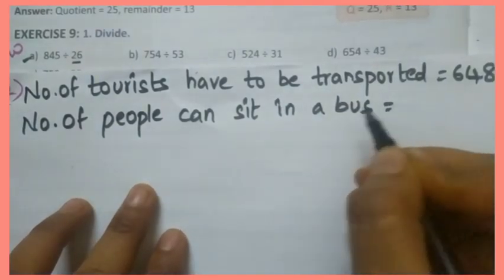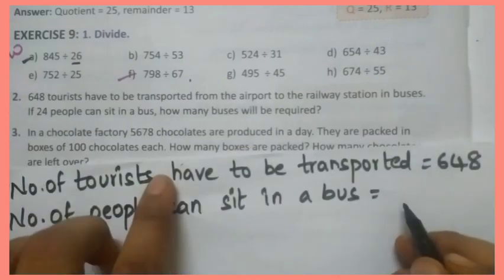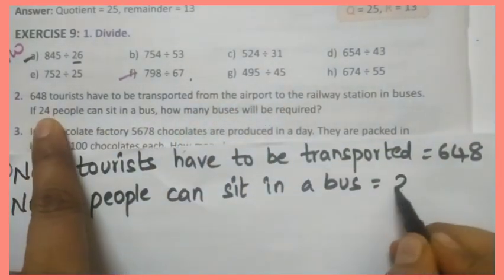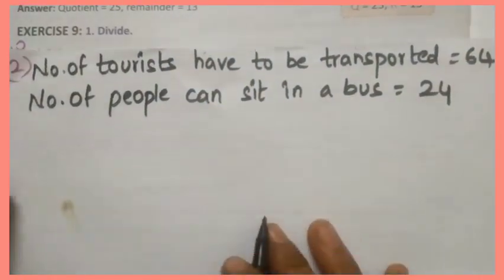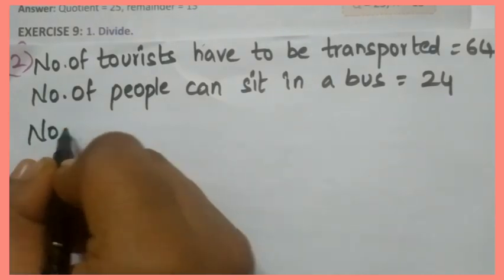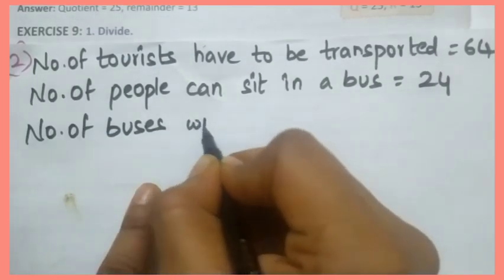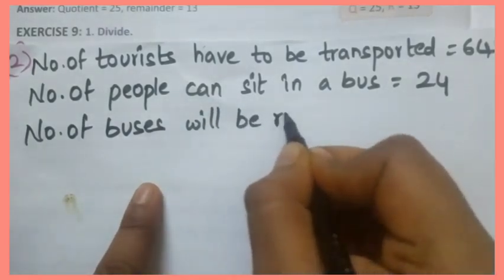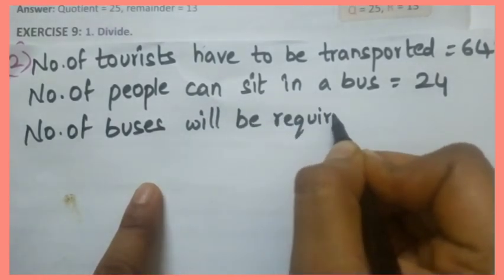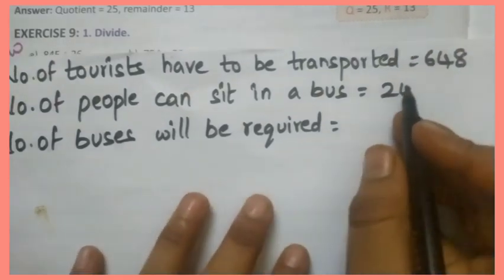A bus, or also we can say one bus. How many people can sit in one bus? 24 people. Number of buses will be required. To do this problem, we have to do division.